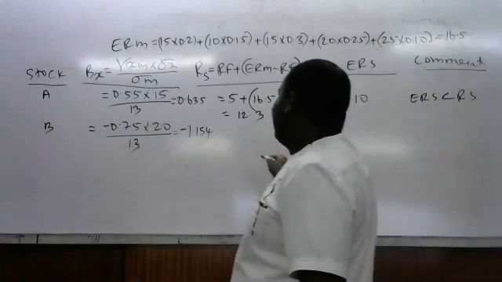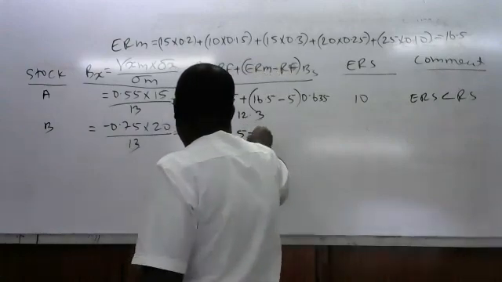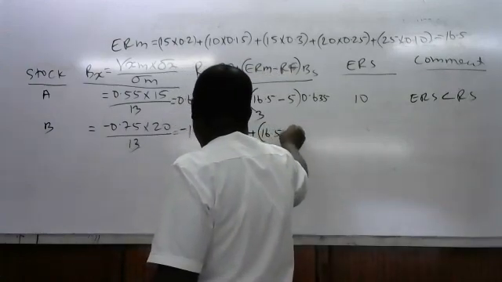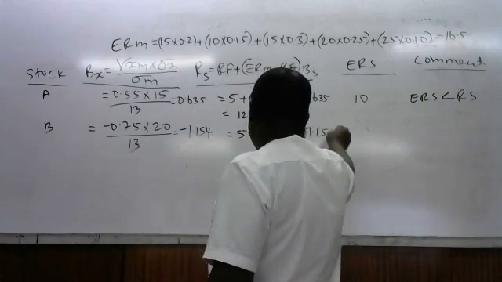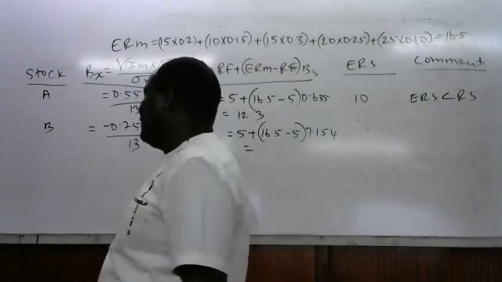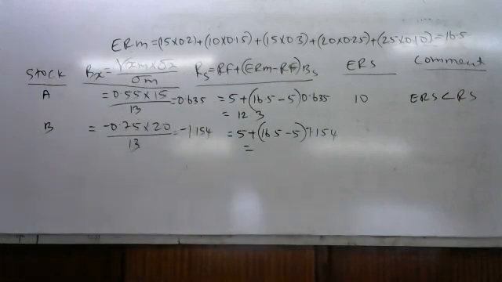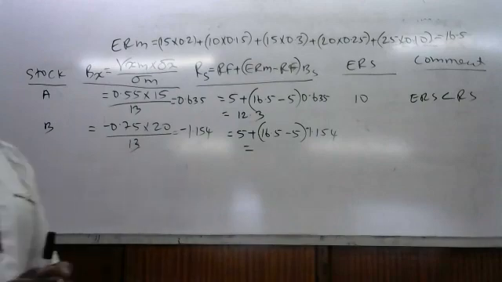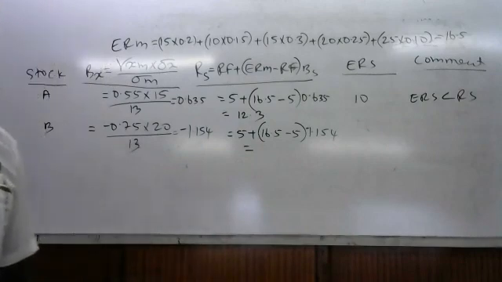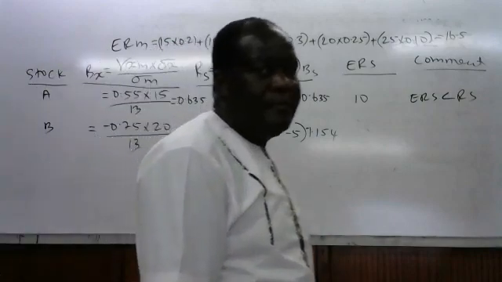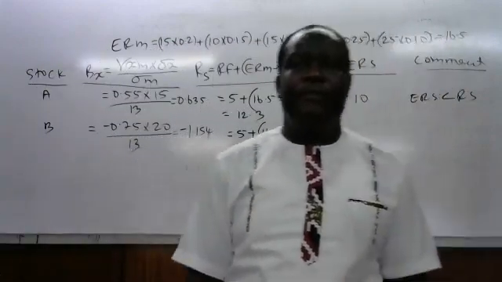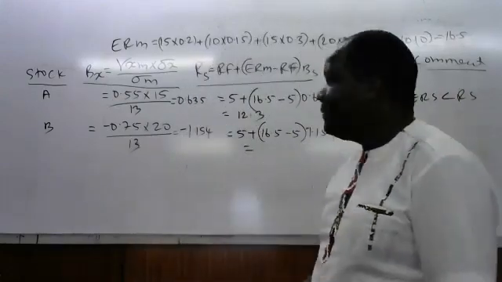Then you also put the 5, then you add 16.5 minus 5, times negative 1.154. Then you see the figure: negative 8.271.